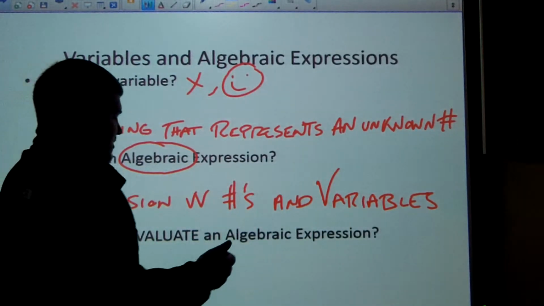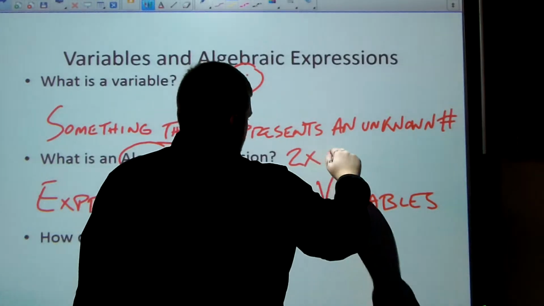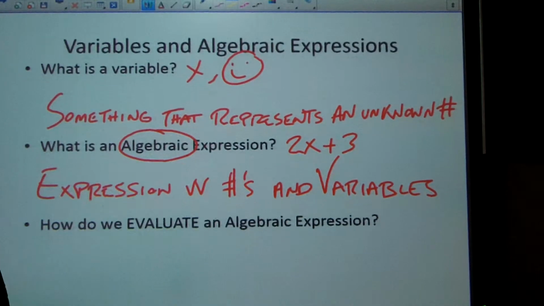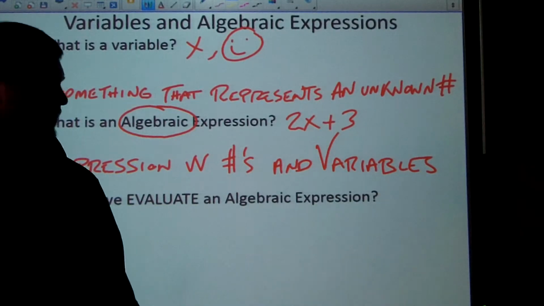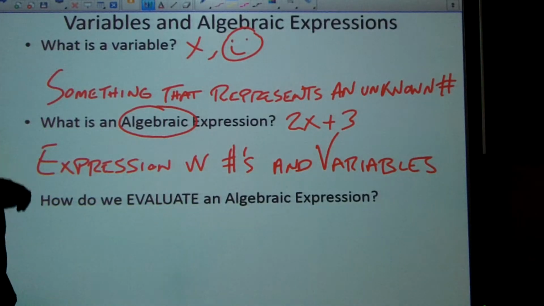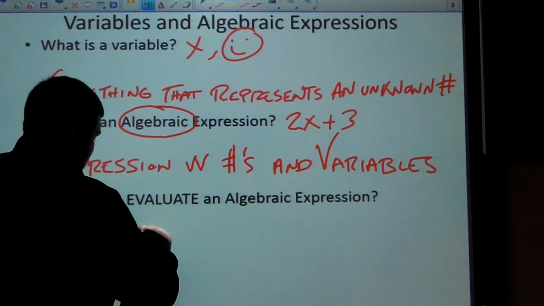For instance, 2x plus 3 is an algebraic expression. And then how do we evaluate algebraic expressions? Well, that just simply means combine like terms. So combine like terms.